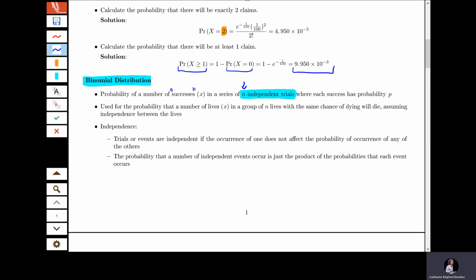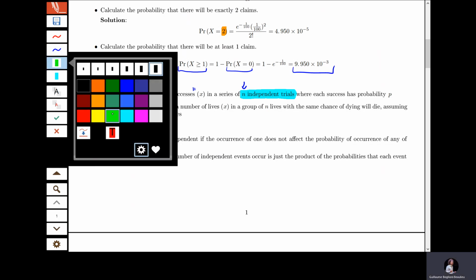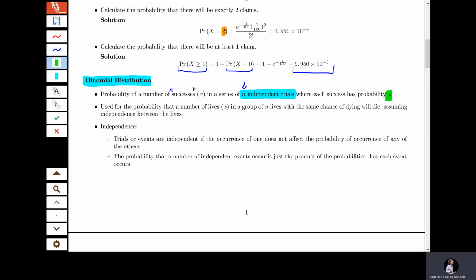And for each time, you can either have a success or a failure. So another way to say this is that an experiment is repeated many times, and a certain event can happen for each trial or not happen. And then each individual trial has a probability little p of success. And then the binomial random variable is one that counts how many successes you had out of all the possible trials.